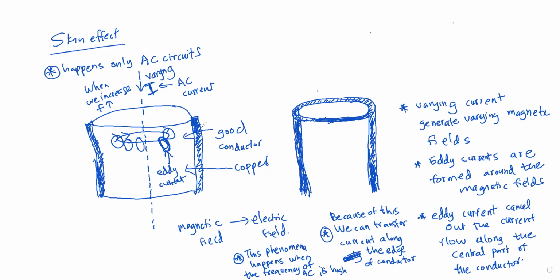We can observe that this phenomenon is not that significant when the alternating current frequency is something like 60 hertz. However, once it reaches higher frequencies, the amount of cross-section area that we can utilize in the conductor decreases.